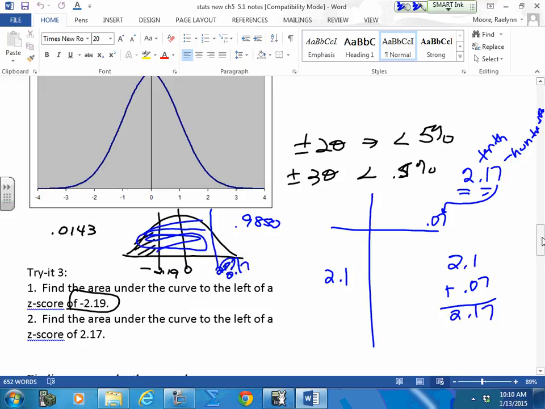So what you want to do is look for your first decimal on the left-hand side here. Look for your second decimal on the top. And see where they meet. You already got 98. You see it? So 2.17 would be 9850. Did you get 9850? Did everybody get 9850? Okay.